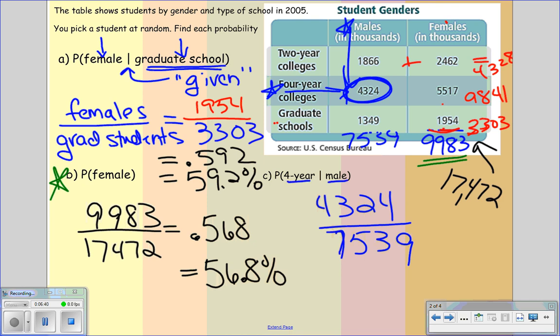When we get 4324 over 7539, it's about equal to 0.574, which is 57.4%. So there's our 3 examples for probability as far as that first table is concerned. This is called conditional empirical probability.